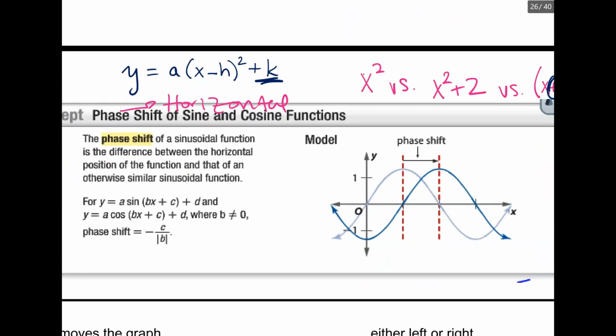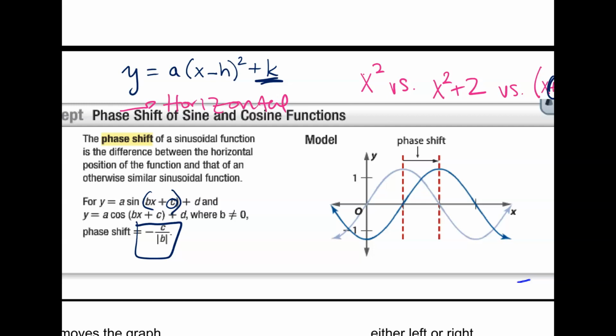Notice this c is inside the parentheses of the trig function. So the phase shift is negative c over the absolute value of b. We're only dealing with the stuff inside the parentheses, because we're taking sine of whatever's inside.